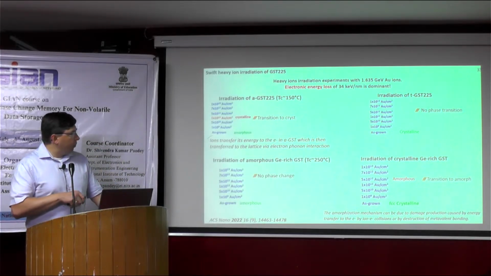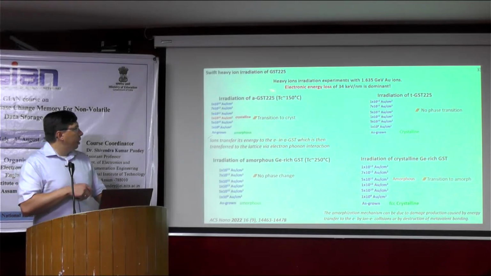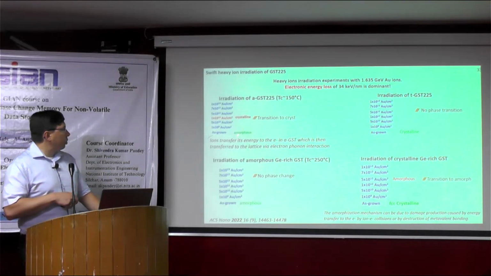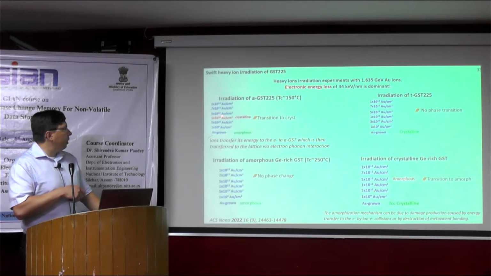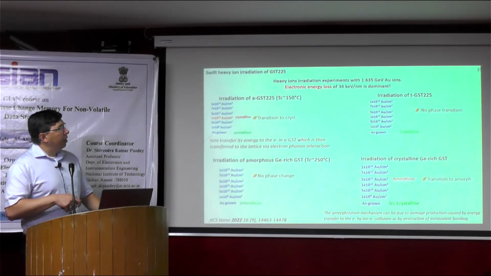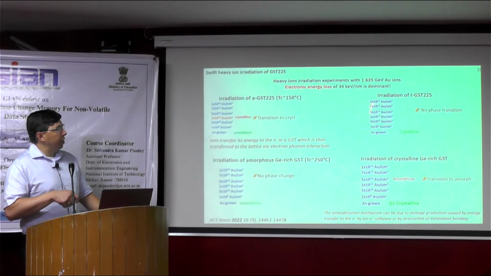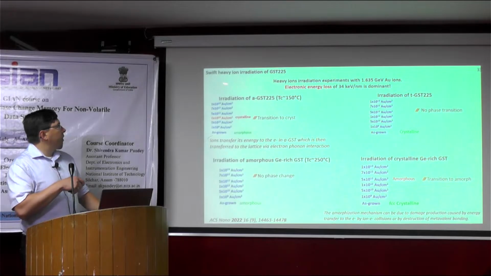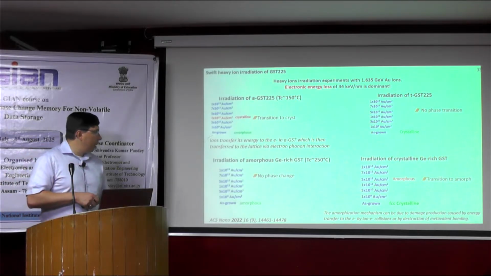In the case of the amorphous state, there was a transition to the crystalline state starting at a fluence of 10 to the 12 ions per square centimeter. If the crystalline phase is irradiated, there is no phase transition for the crystalline phase by swift heavy ions.